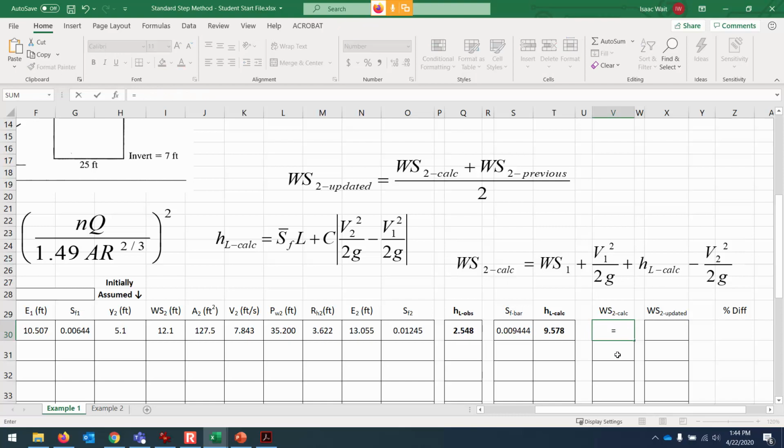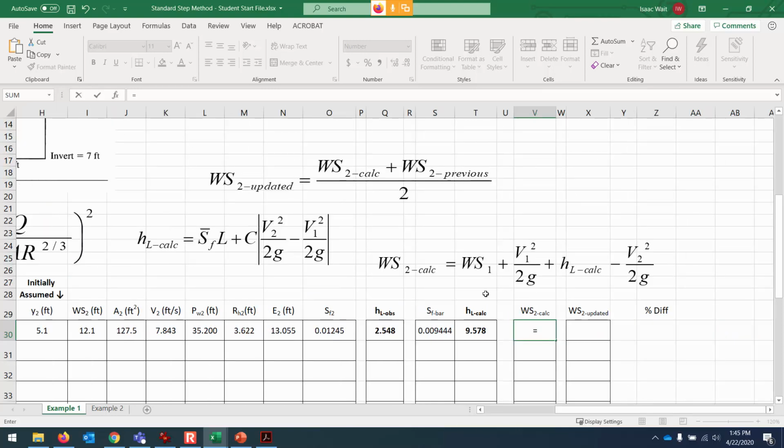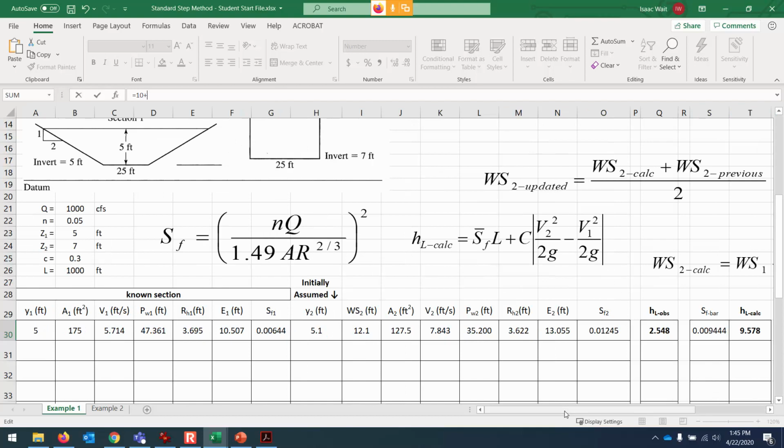So it's water surface 1, which is the Z1 of 5 feet and the water depth of 5 feet. So that's 10 feet. So water surface 1 is 10 plus the velocity head at 1, so v1 squared divided by 2 divided by 32.2.